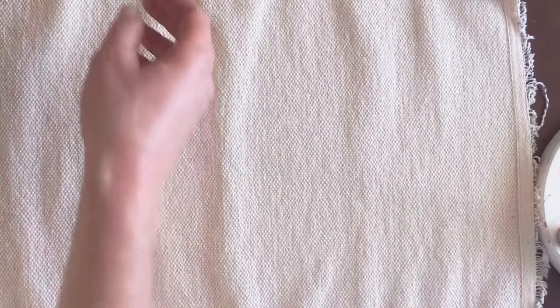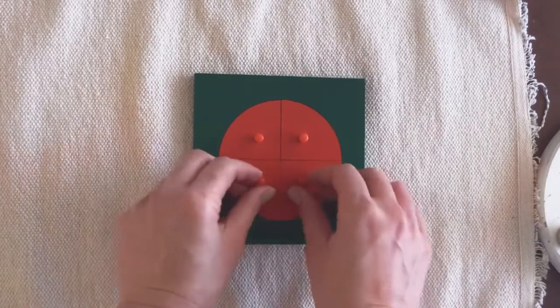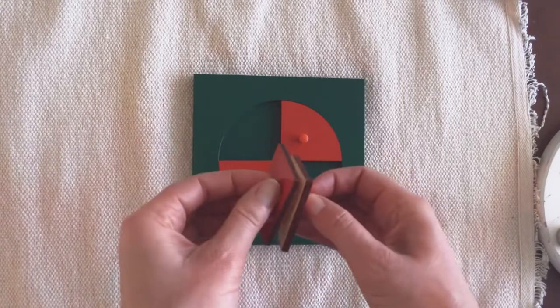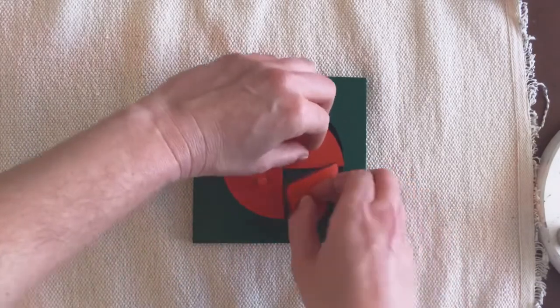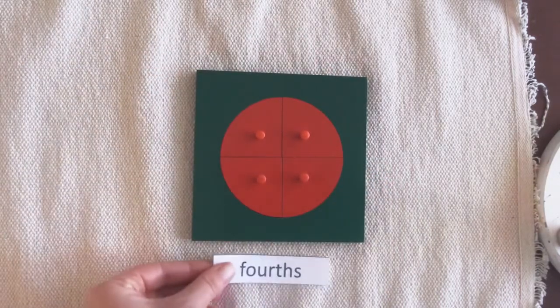Let's do a few more. Do you know this one? It's divided into 4 equal parts. Yep, looks fair. These are the fourths family.